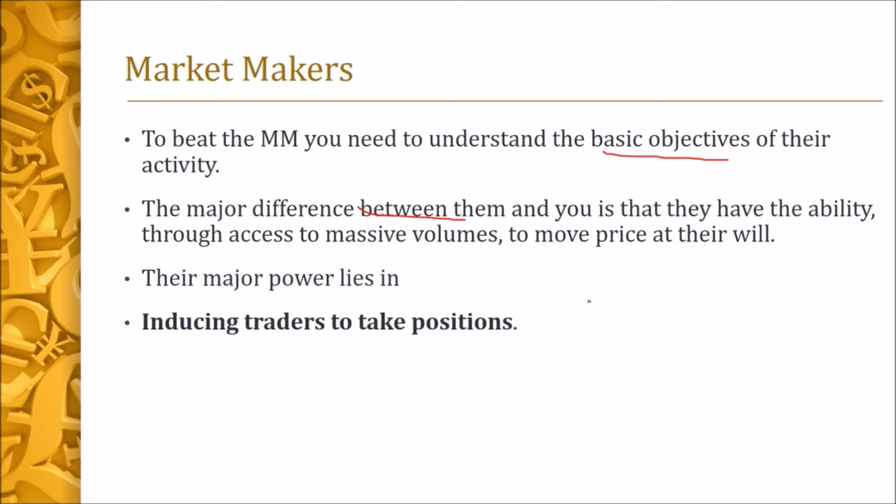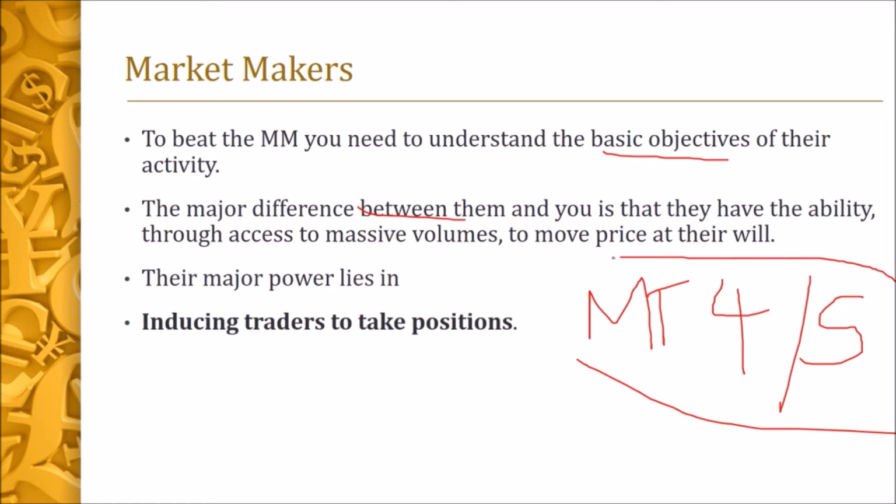Market makers use a different trading software from yours. You use the MT4 or the MT5. That is what you use as a retail trader. But market makers use what we call the MetaTrader Manager 4 or the MetaTrader Manager 5.